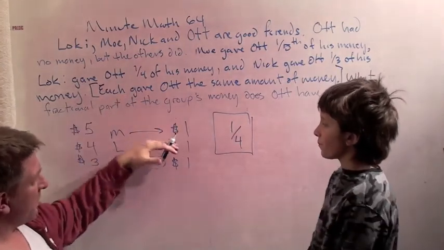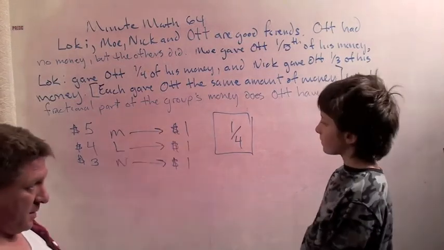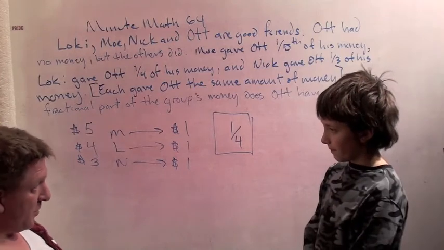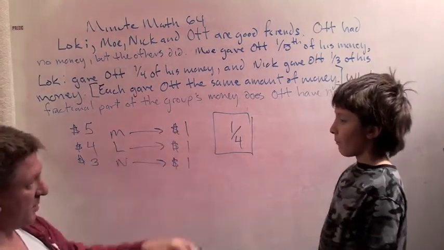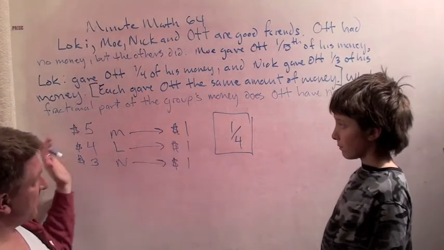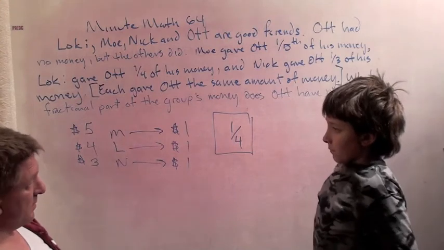Ott got the same amount of money from everybody. So we can just assume that was $1. Because if it was $2, we would just multiply all these numbers by 2, and if it was $5, we'd multiply it all by 5, and if it was 10 cents, we'd just divide it all by 10. So $1 is a good starting point.